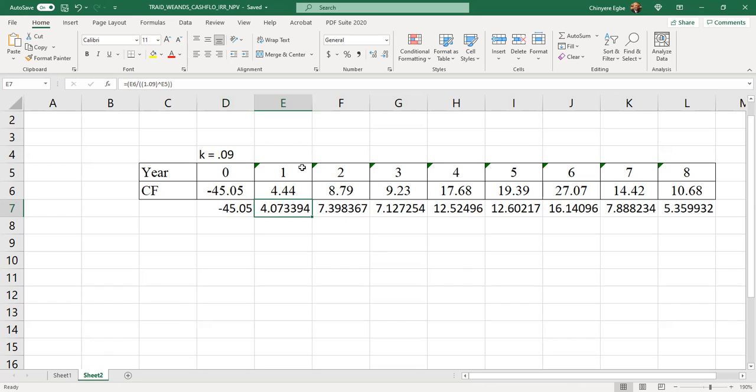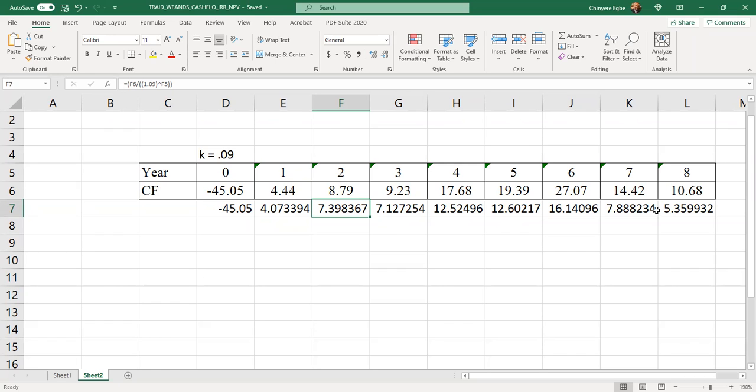As you can see from this formula, here we divide E6, which is the 4.44, by 1.09 to the power E5, which is 1. And here we divide F6, which is 8.79, by 1.09 to the power F5, which is 2.